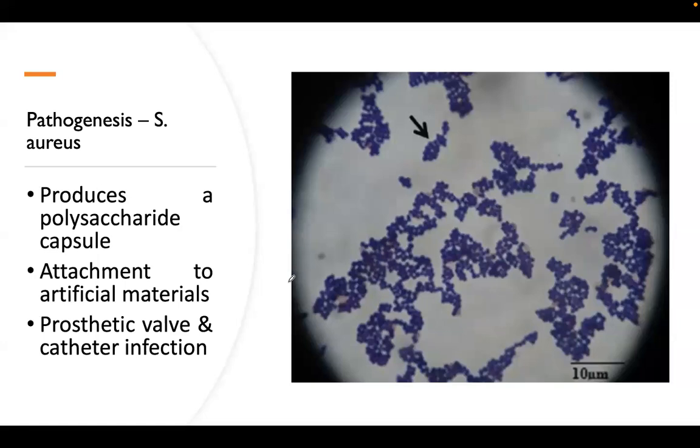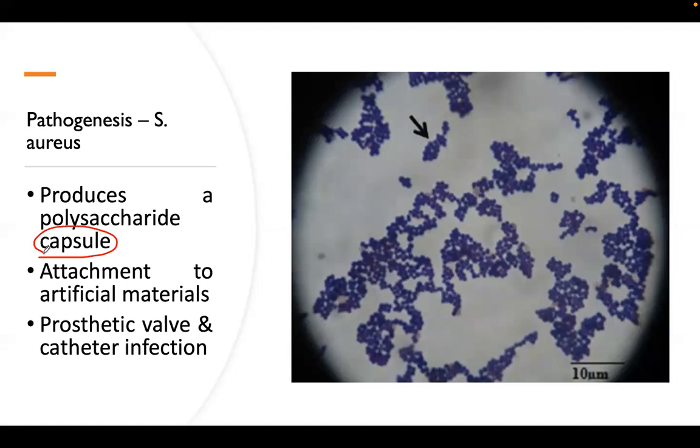Now, another entry from your mother textbook regarding the pathogenesis and virulence of Staph aureus is the presence of a polysaccharide capsule. I'm highlighting this for two reasons. Number one, most people think of strep pneumoniae when we mention the capsule. Number two, it's found in the mother textbook. So Staph aureus actually produces a polysaccharide capsule.